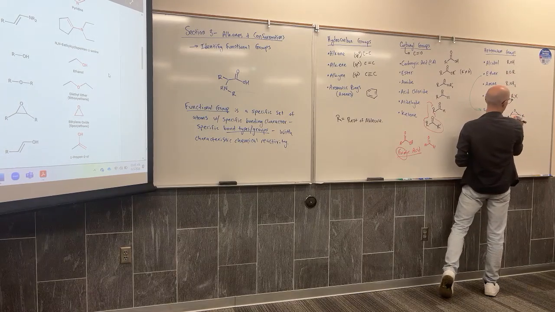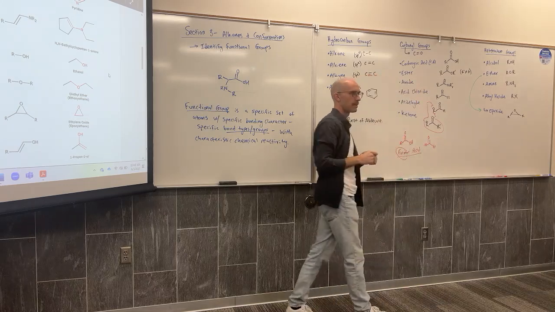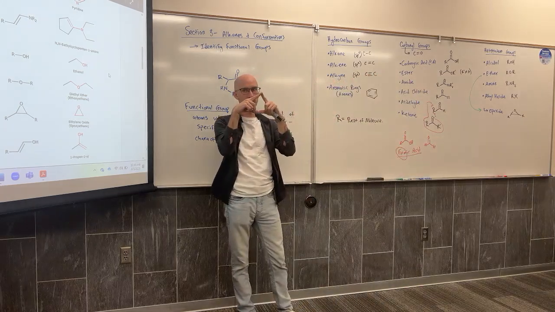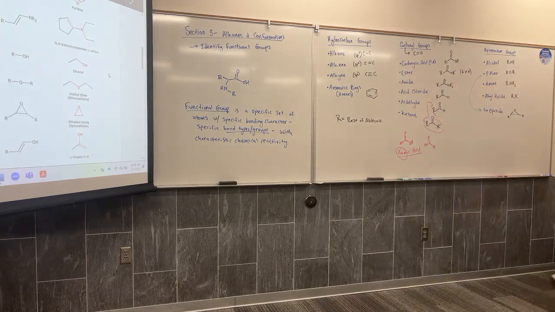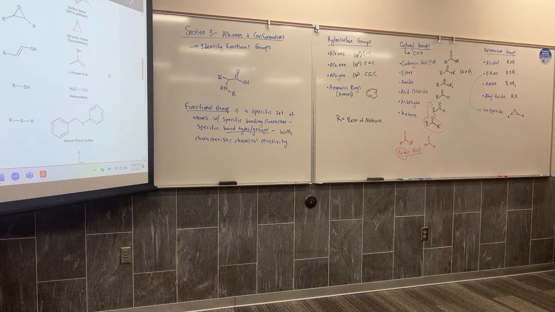And then it can have other groups coming off of it. So an epoxide is this three-membered ring, this little triangle with oxygen.